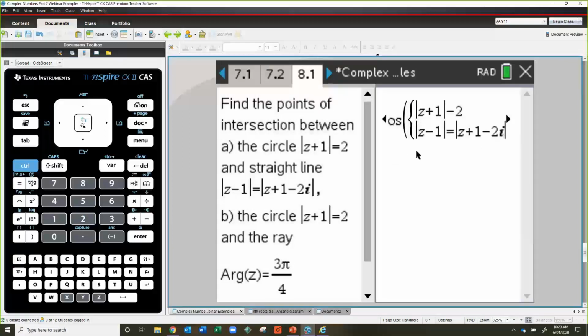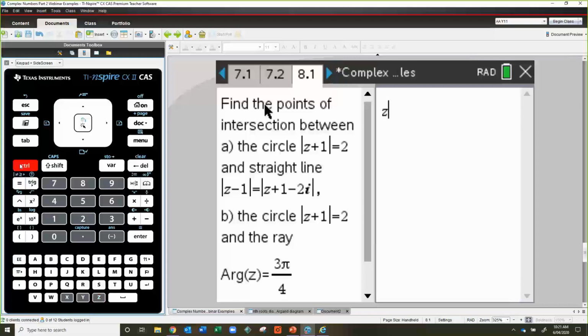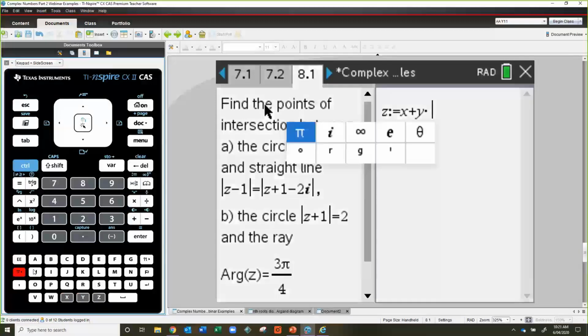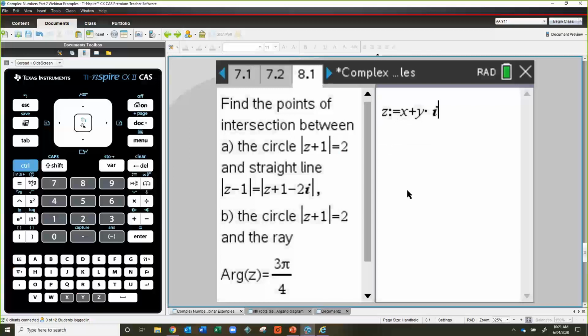Actually, I didn't say z equals, so what I will need to do here first is copy this, because it will not work unless I again say my z is equal to x plus y times i.